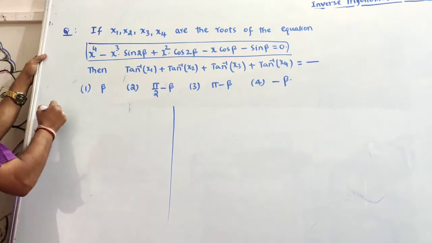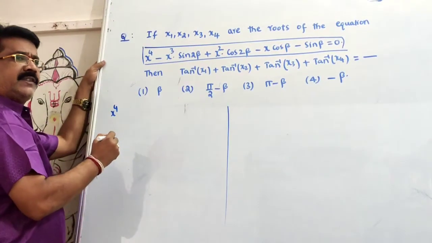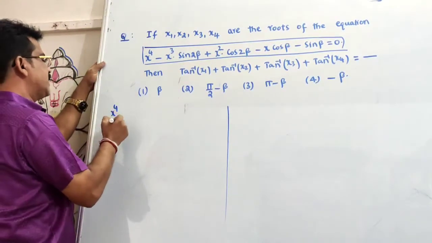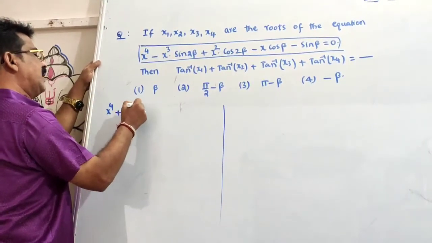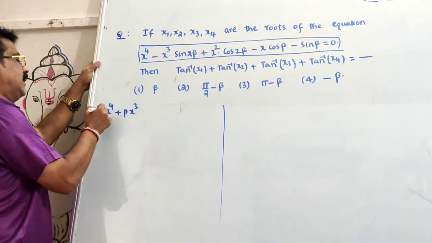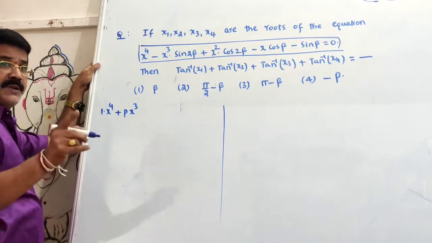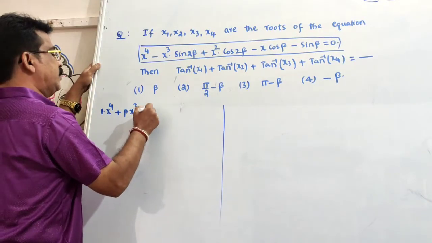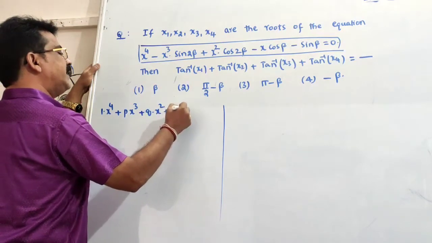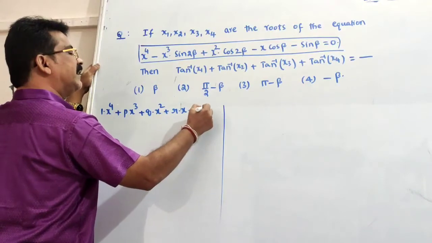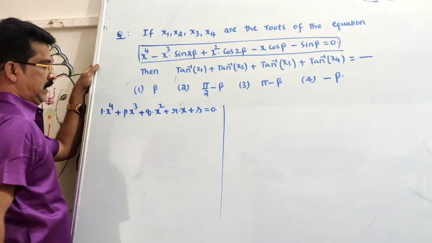Let us take the biquadratic equation x to the power of 4 plus p x cubed, where the x to the power of 4 coefficient must be unity, plus q x squared plus r x plus s, equal to 0.